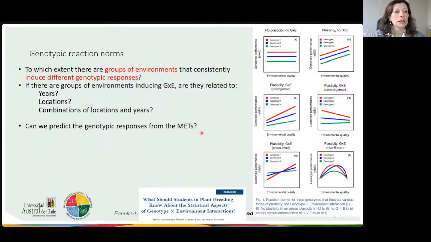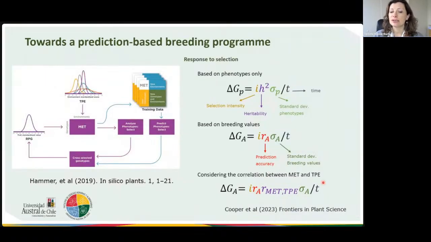So a lot of this talk will be dedicated to different strategies that help us understand how I can make groups of environments that help me select more effectively, so that I can increase genetic gain within each of those groups of environments.